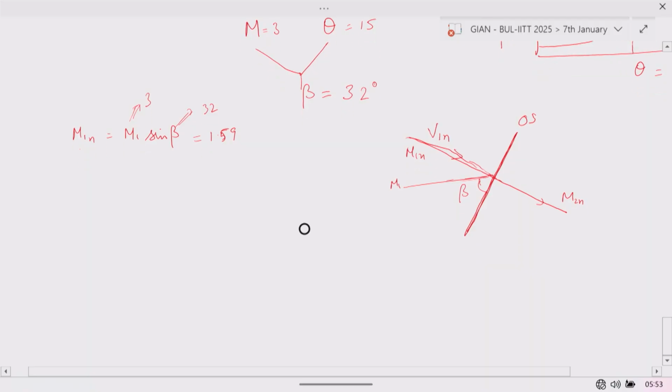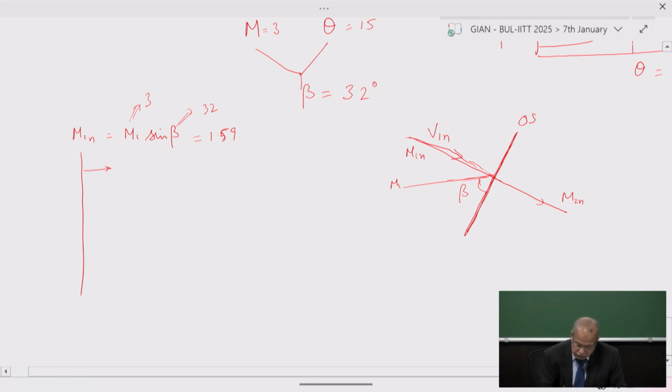1.59. Now, for that value of 1.59, you can look at the normal shock table to find M2. Go to the normal shock tables. Are you able to understand this? And then find M2.